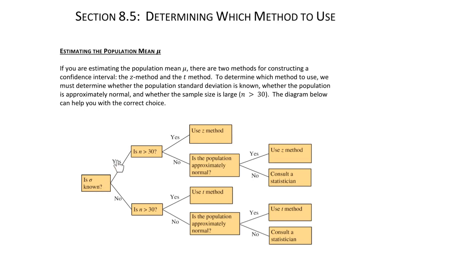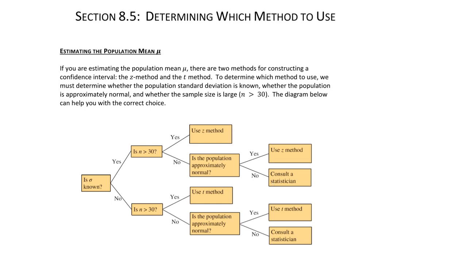If it is known, then we will check whether n is greater than 30. If n is greater than 30, use Z method. If n is not greater than 30, then we will check whether the population is approximately normal. If it is approximately normal, then we can use the Z method. If not, we need to consult a statistician.